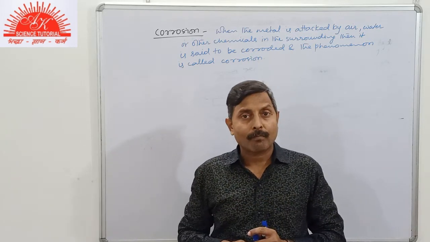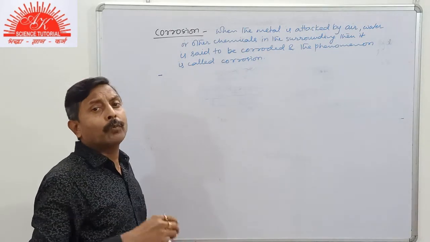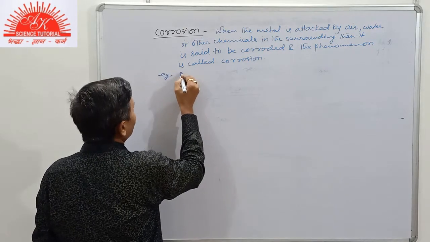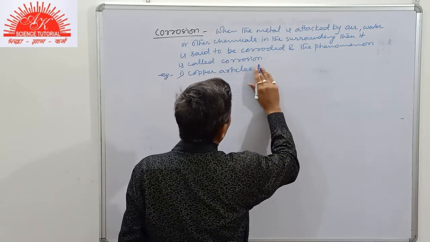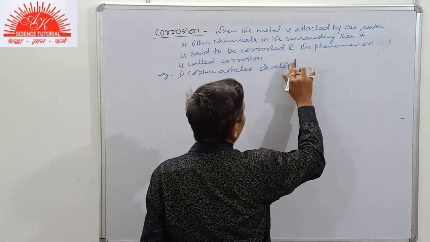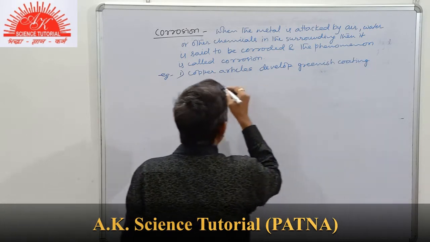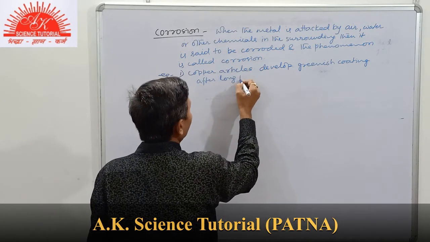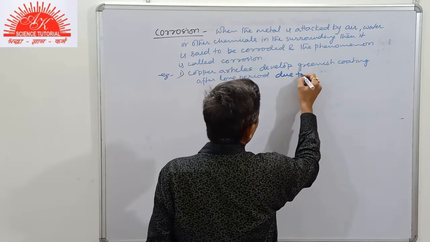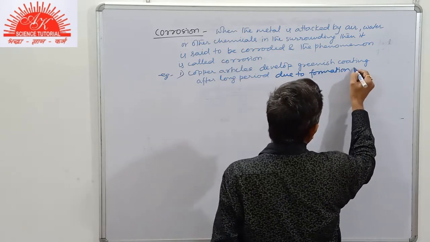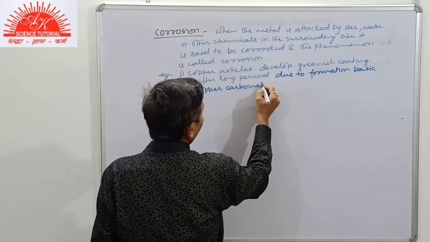Like you see, a common example of corrosion is when copper articles develop a greenish coating after a long period due to the formation of basic copper carbonate.